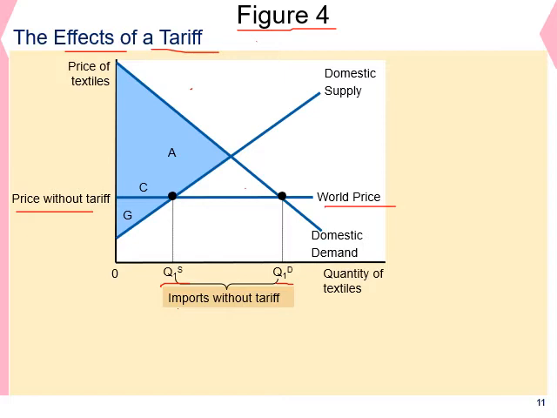The difference between these two is imports without a tariff. The consumer surplus is areas A and C, and the producer surplus is only area G.